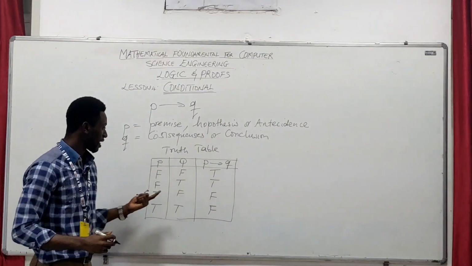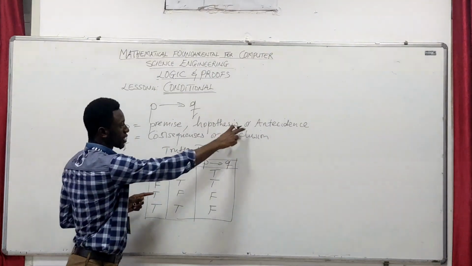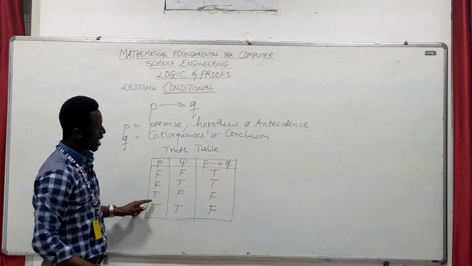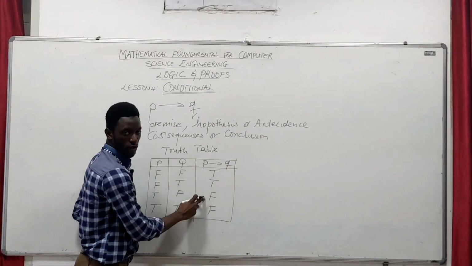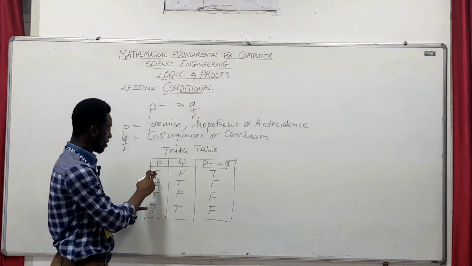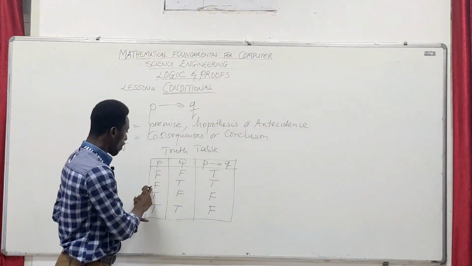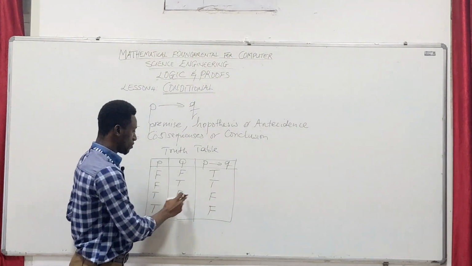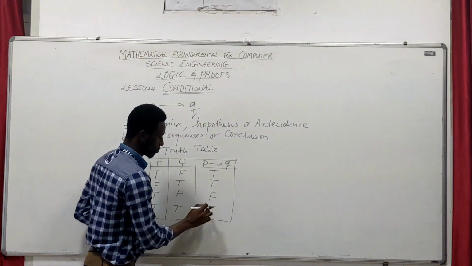So from this table you can see if the premise, or the hypothesis, or the antecedent is true, then the conditional will be false. Otherwise it's true. So false and false become true, false and true becomes true, true and false become false, and true and true becomes true.